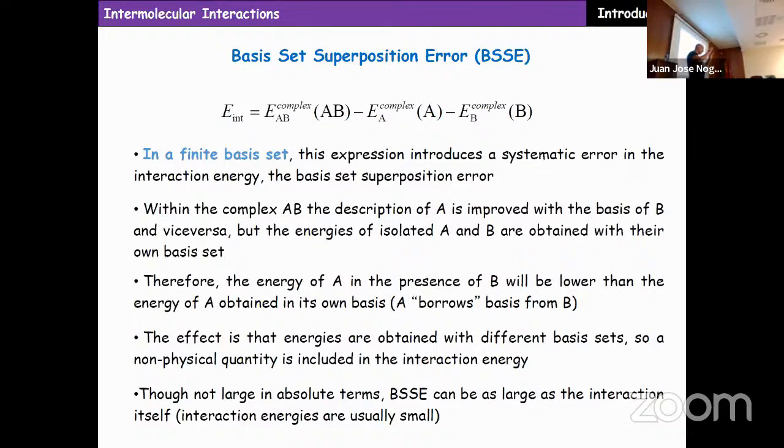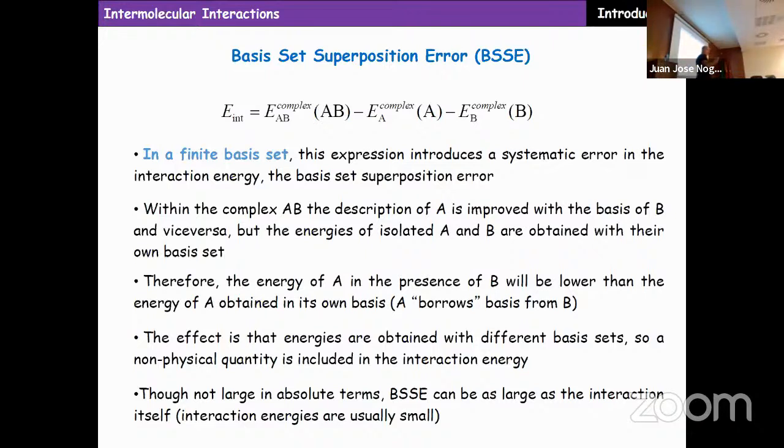So to calculate the energy of one of the fragments, I use the basis of the other fragment, because I'm calculating the complex with the full basis set, the basis located on all the atoms. And when I calculate the isolated fragments, I am just using, of course, the basis of this fragment. So the energies of the fragments in the complex are improved because of the use of the basis set of the other fragment. This is the basis set superposition error.